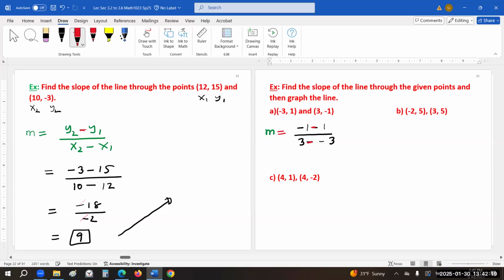So the formula has a minus. You must have a minus after the first number. And then if the number is a negative number, the next one, you put a double negative. So what happens to the double negative? Positive. So you have 3 plus 3, which turns into 6. And -1 minus 1, -2. And then I saw many confused faces.